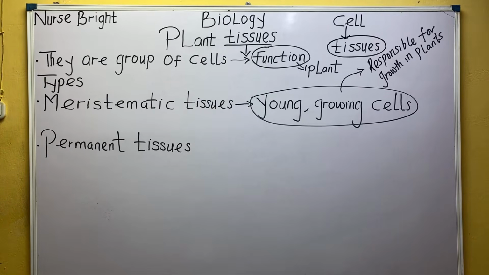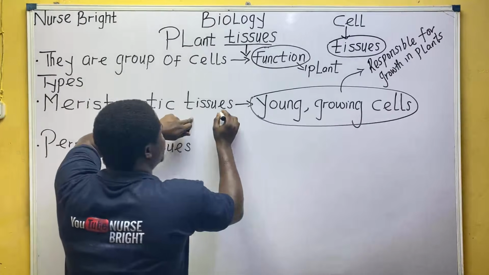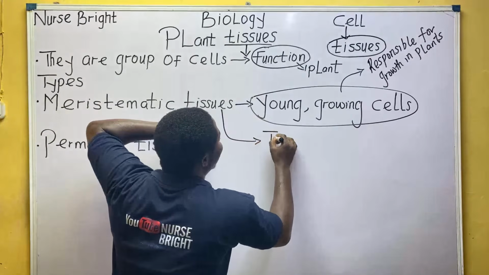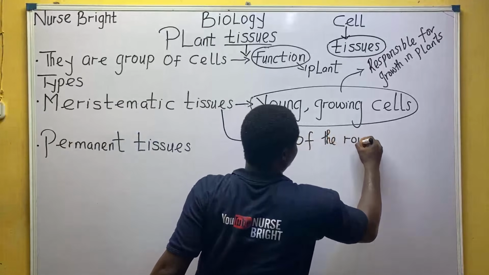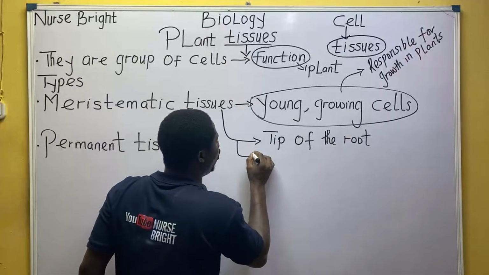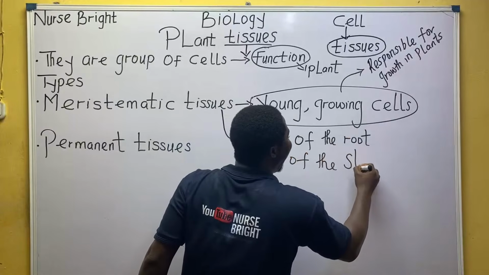The question we ask ourselves, where are these tissues found in a plant? This is very vital. Where are these tissues found in a plant? These are where they are found: the tip of the roots and also the tip of the stem.